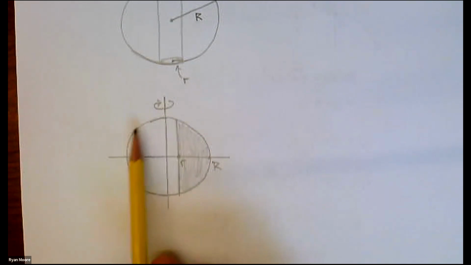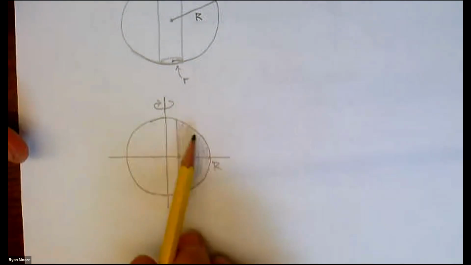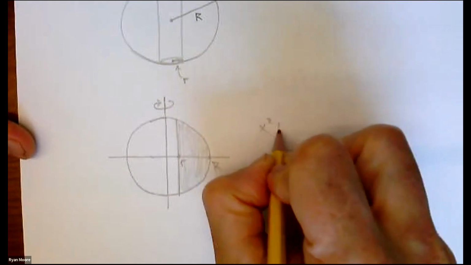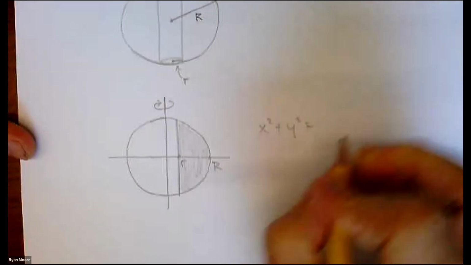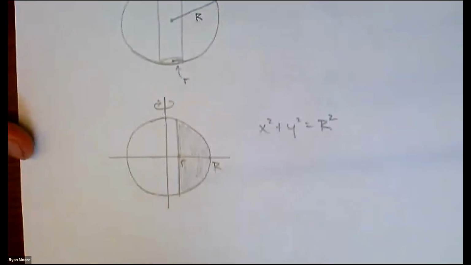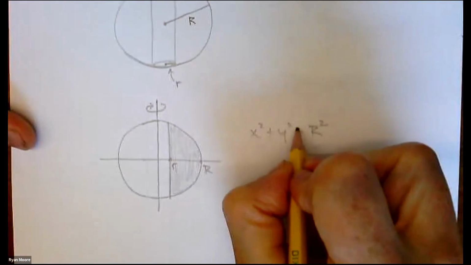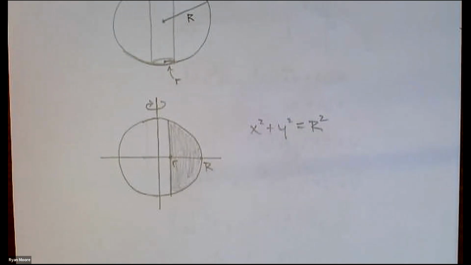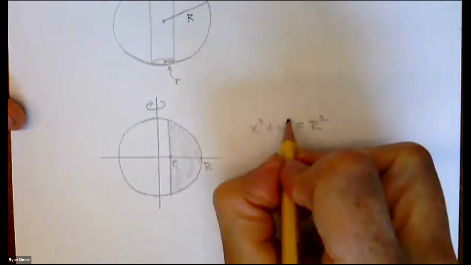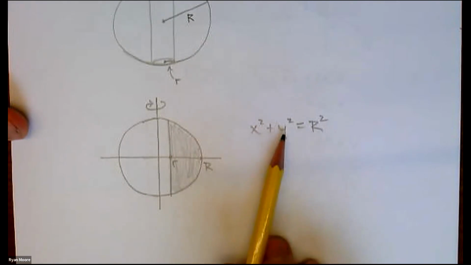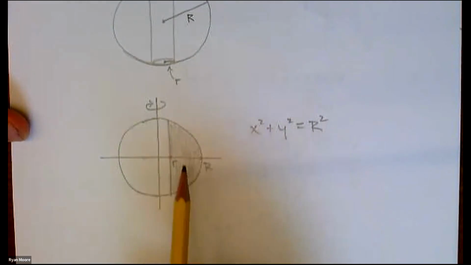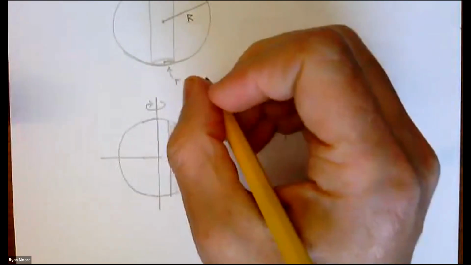Let's think about the equation of that circle. The x squared plus y squared equals capital R squared. Okay. What's going to be useful from this? It turns out it's going to be the y. If we thought about the radius and the height, I won't draw them yet.